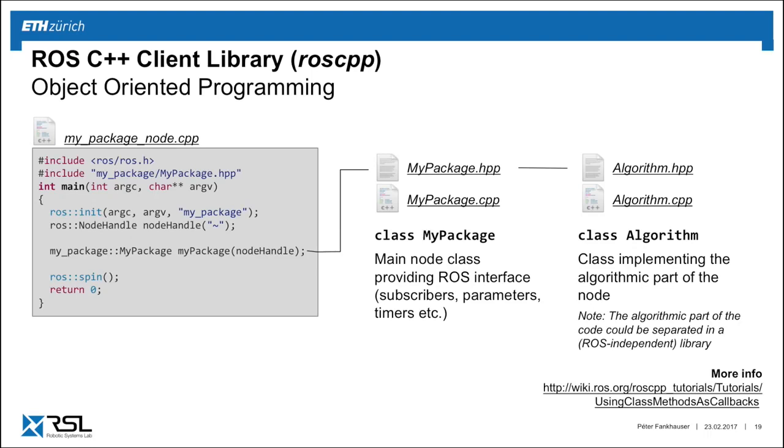Here, what we encourage you to do, and you go as far as you want in this exercise, but typically what we encourage is to split the algorithmic part from the ROS implementation. So this part, the algorithmic part, could be completely ROS independent, could be used in other projects, and this package could wrap around your algorithmic classes and provide the ROS interfaces.